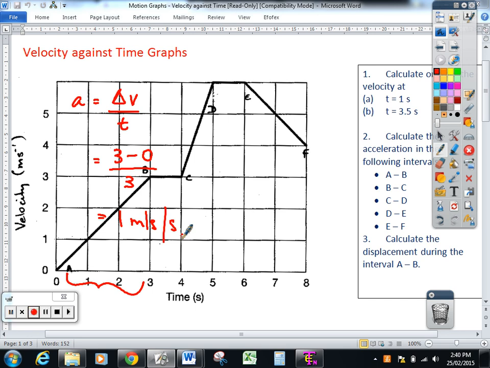That says that for every 1 second I go sideways, I'm going 1 more meter per second faster going up. So after 1 second, I'm travelling 1 meter per second. After 2 seconds, I get another 1 meter, which means I'm now at 2. At 3 seconds, I'm travelling at 3 meters per second. So for every second, I gain 1 meter per second. So I get 1 meter per second every second.